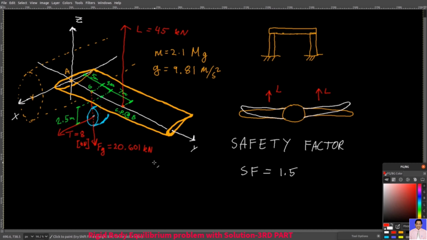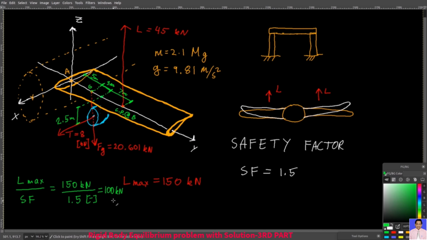Let's say that the wing breaks at Lmax equals 150 kilonewtons, and then we divide that by the safety factor, so 150 kilonewtons divided by 1.5, which is dimensionless, and then you get 100 kilonewtons. And that 100 kilonewtons is the maximum allowed load you can have. That's your worst case scenario.